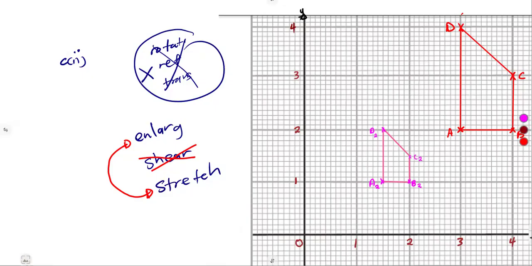If we check on the enlargement, it has got the same scale factor, this one. The scale factor has to be same. The way that you enlarge the sides, that is what I refer as the scale factor. The way you enlarge the sides.